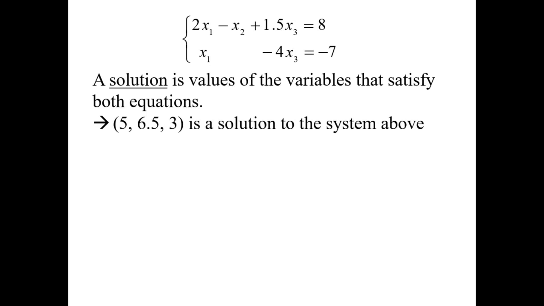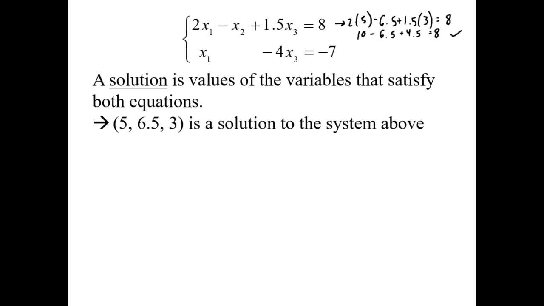What that means is if I replace the x sub 1 with a 5, in the first equation, 2 times 5 minus x sub 2, which is 6.5, plus 1.5 times x3, which is 3, we want to see if the result is 8. Well, this would be 10 minus 6.5 plus 4.5, and yes, that is equal to 8. So it does satisfy the first equation.